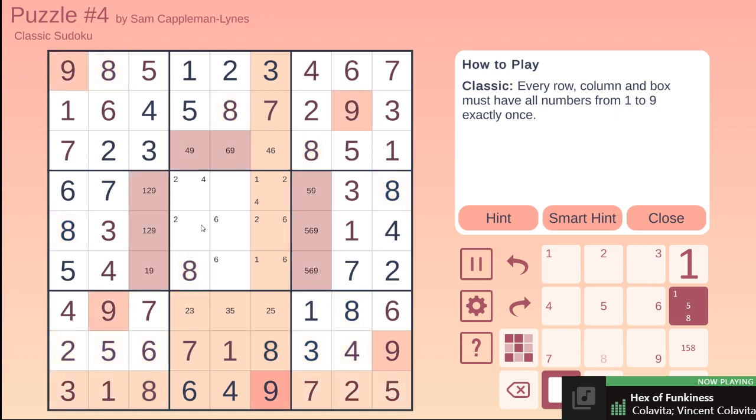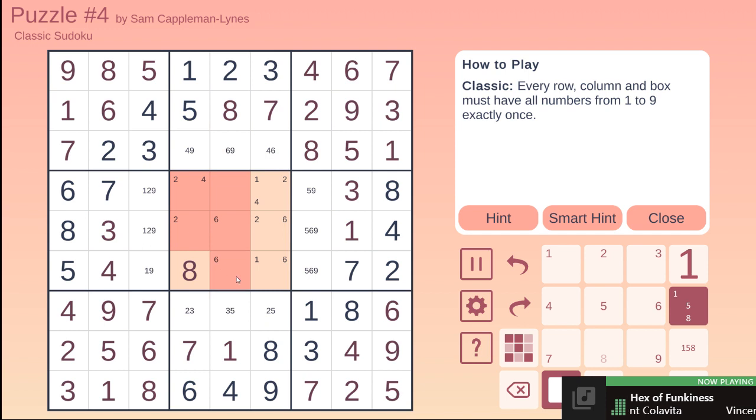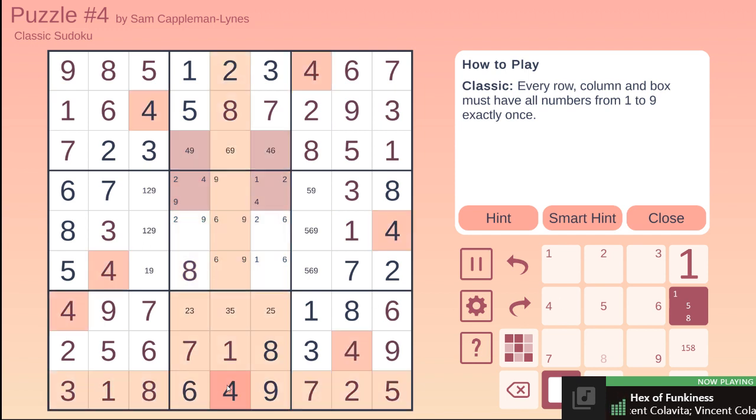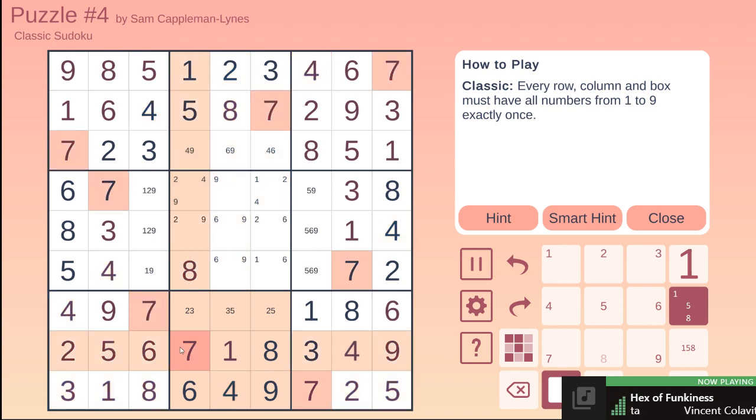Nine in here seems to be able to be any one of these squares. 4 can only be in one of these two. No, that doesn't help yet.